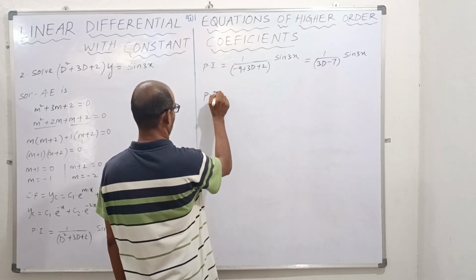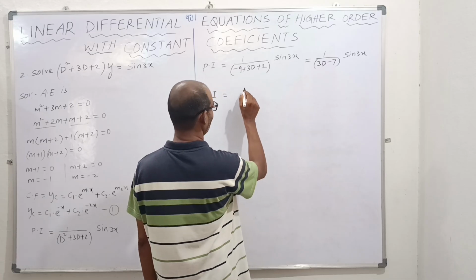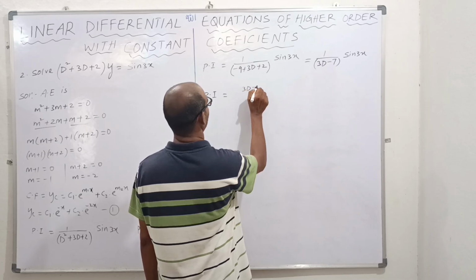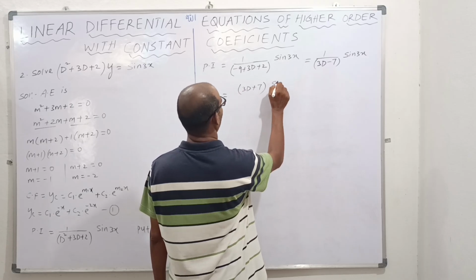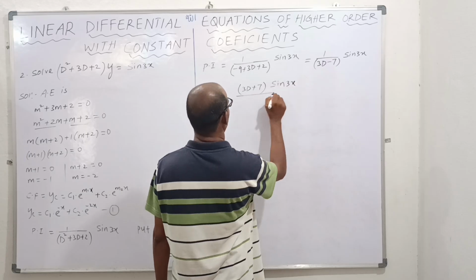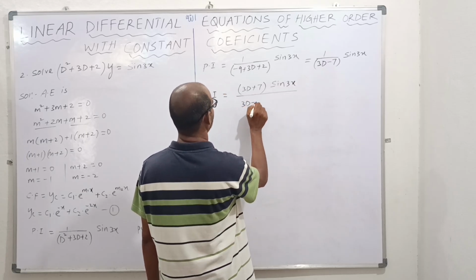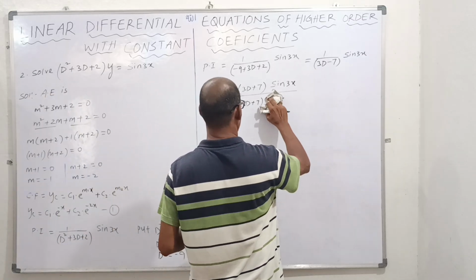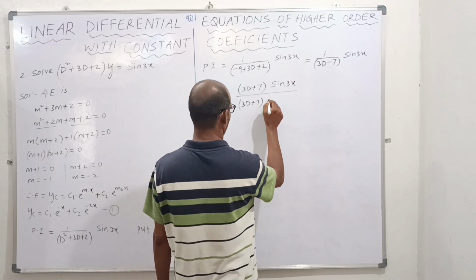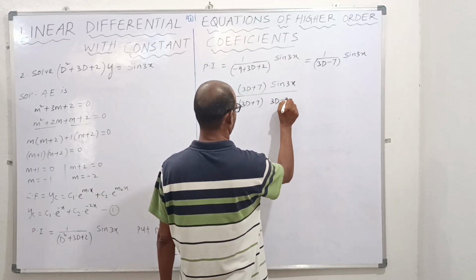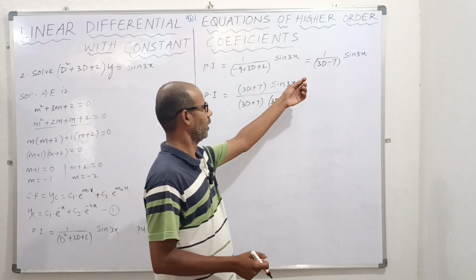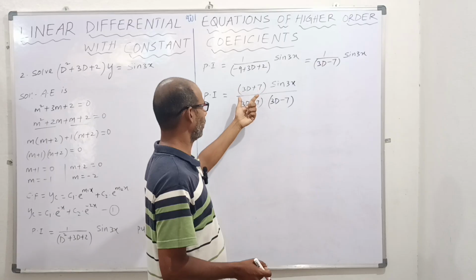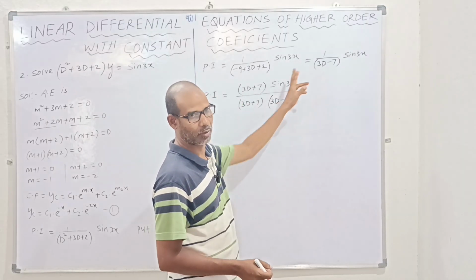PI is equal to, I will multiply with 3D plus 7 into sine 3x by 3D plus 7 into 3D minus 7. Since in the denominator we don't have D square, we multiply and divide by 3D plus 7 so that it does not alter.